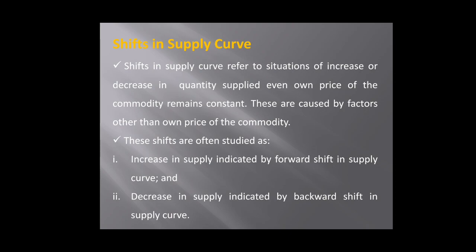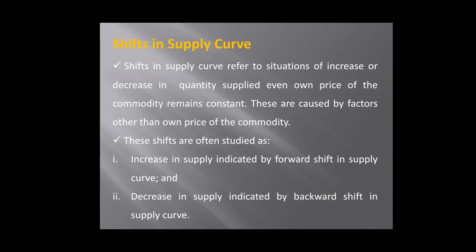Dear students, shifts in supply curve are often studied as increase in supply and decrease in supply. When due to change in other factors quantity supplied increases at the existing price, it is known as increase in supply, and graphically it means a forward shift, or we can say rightward shift or upward shift in supply curve.